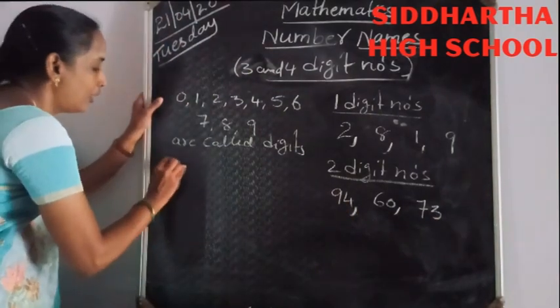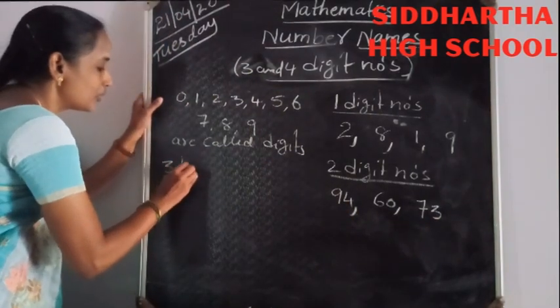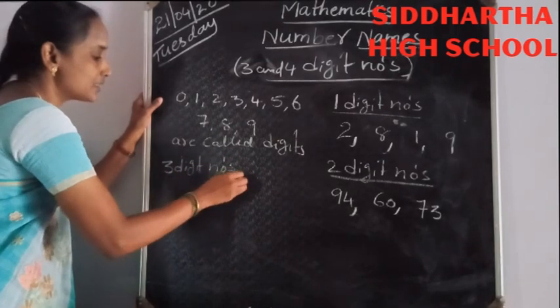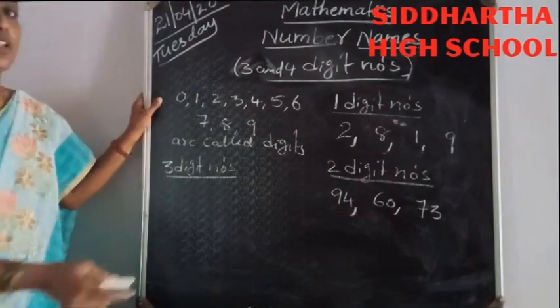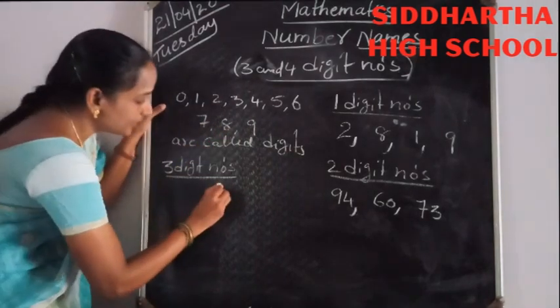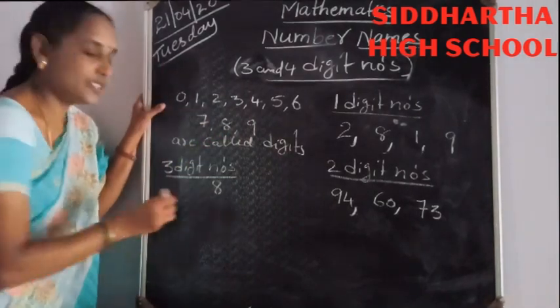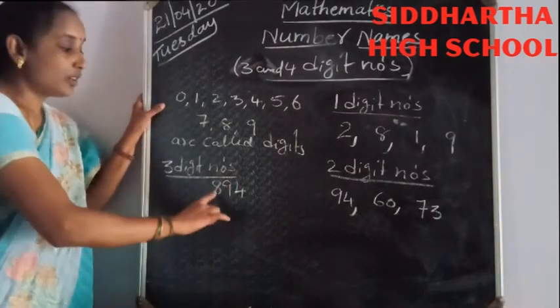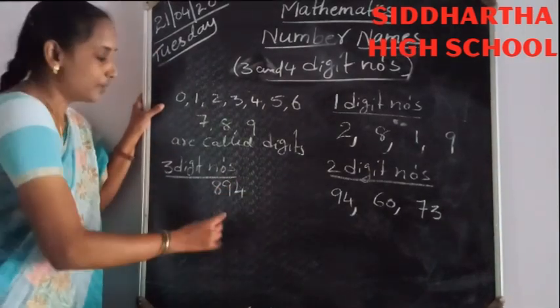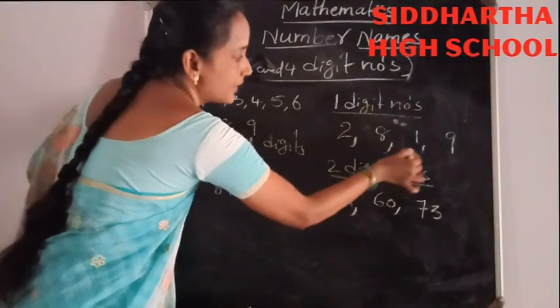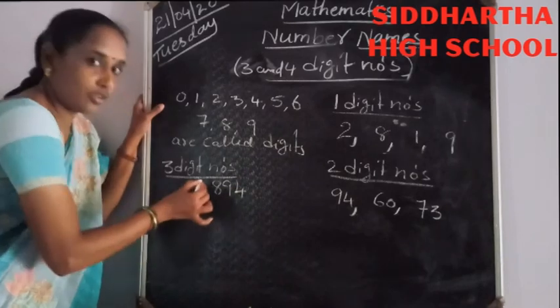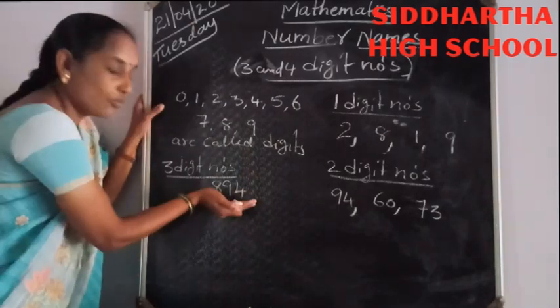How to form 3 digit numbers? Now here I am selecting 8, 9 and 4. Written separately means you can write them with commas. Here I did not put any commas. I wrote them as one group.